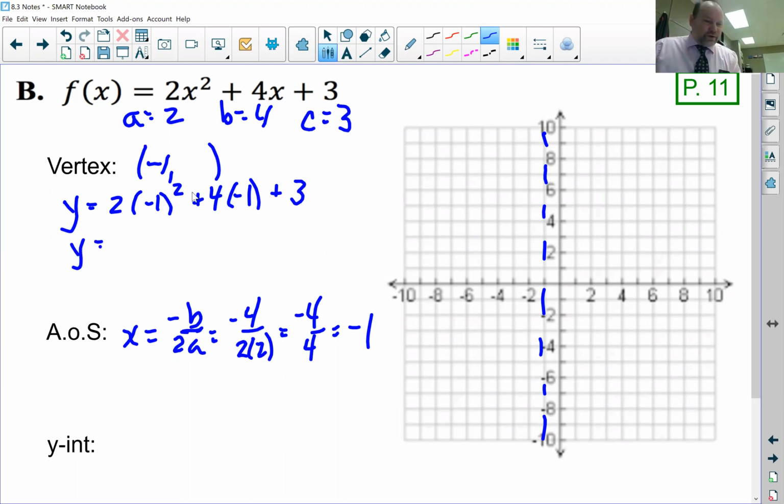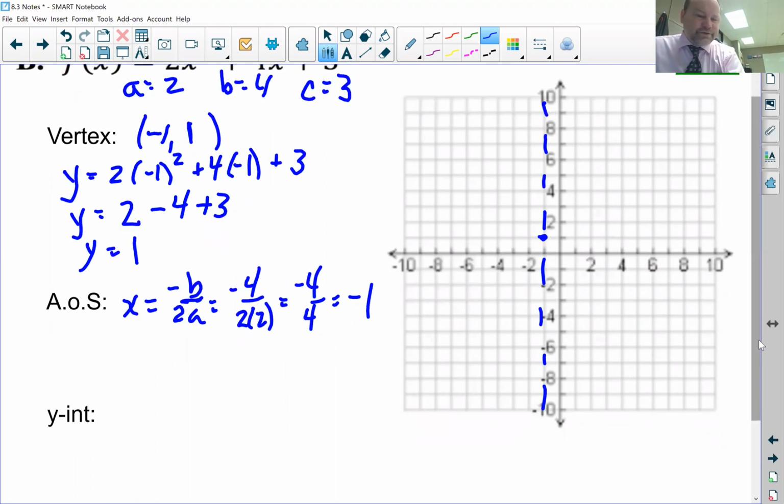So we have -1 squared, which is 1, times 2. 4 times -1 is -4, plus 3. 2 minus 4 is -2, plus 3 is +1. So (-1, 1), that's my vertex.